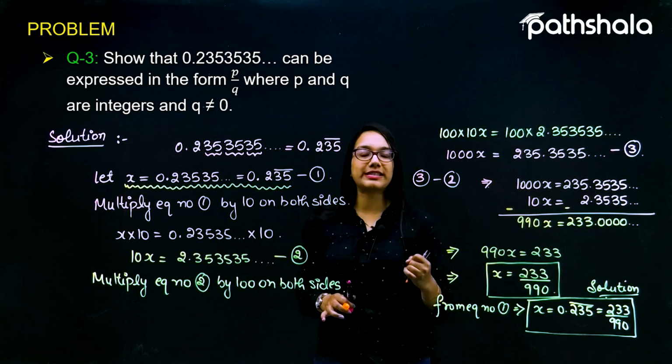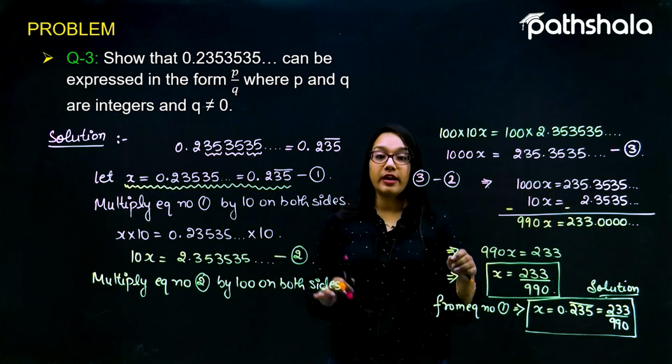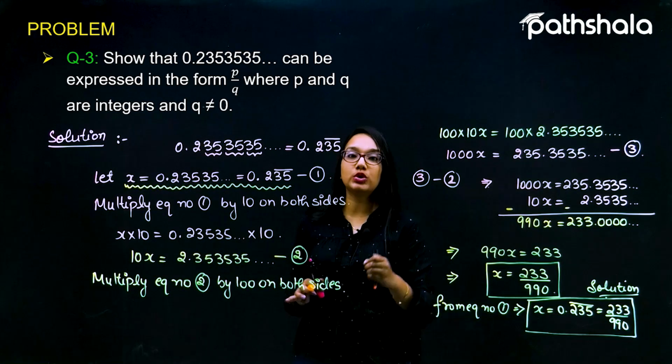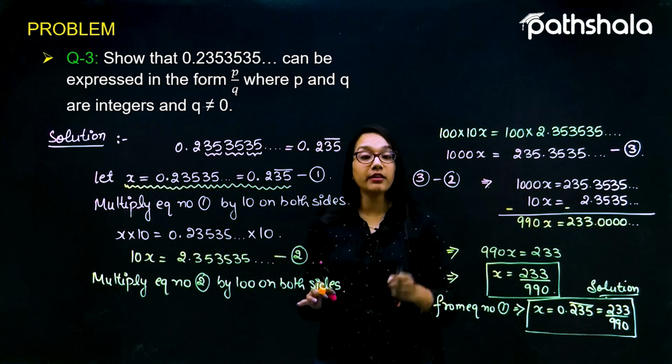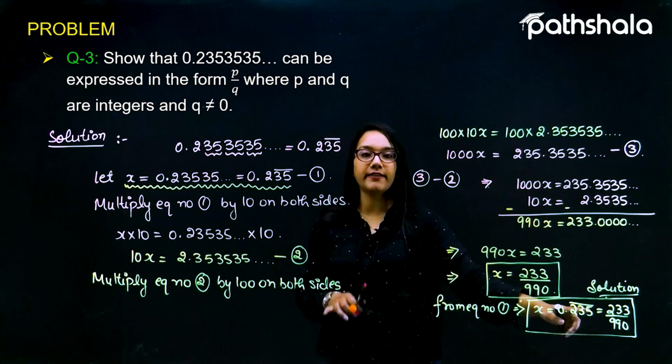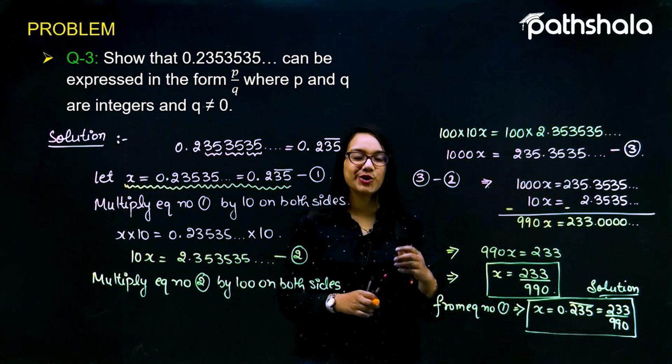I hope all the steps are clear to you, in which I have transformed the number 0.23535 into the form p by q, which is 233 divided by 990. So let's just move on further.